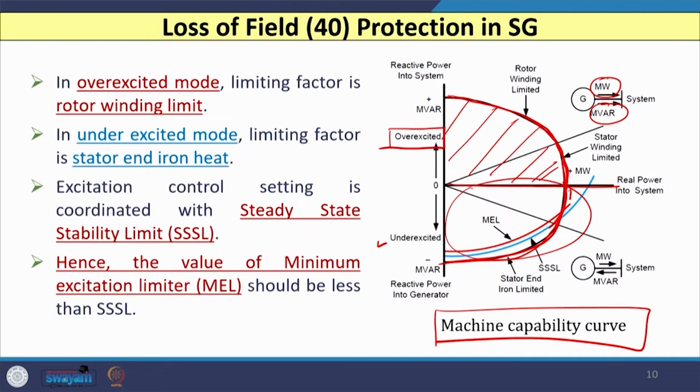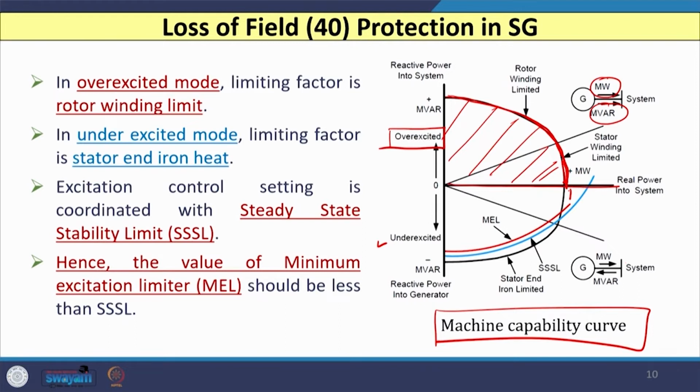In the fourth quadrant, the limit of this machine capability curve, when in under excited mode, is always coordinated with the limit known as the steady state stability limit. In case of the steady state stability limit, this black curve is always coordinated with the triple SL limit, which is given by this blue curve.